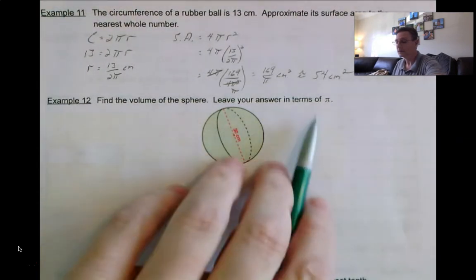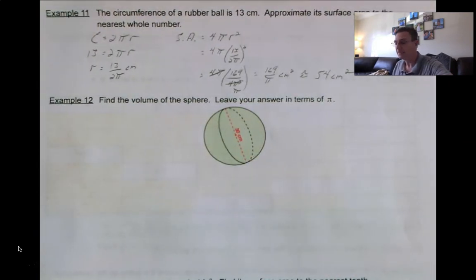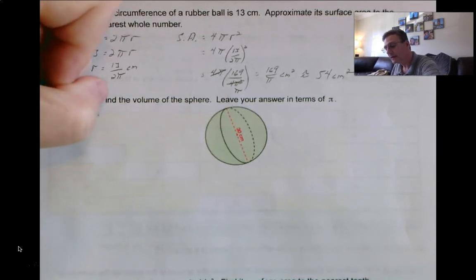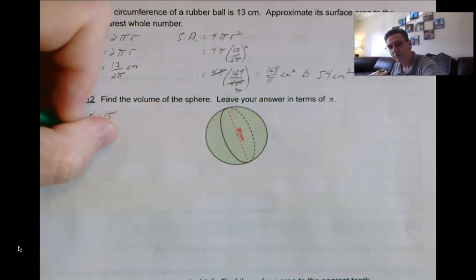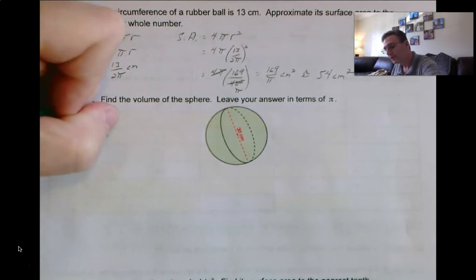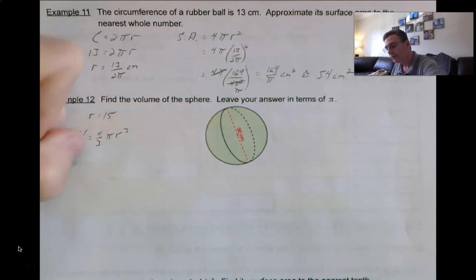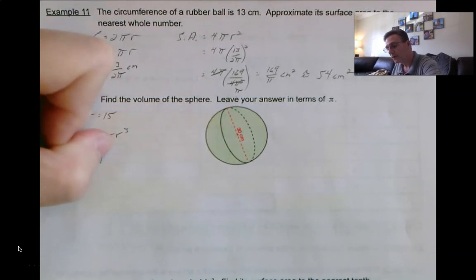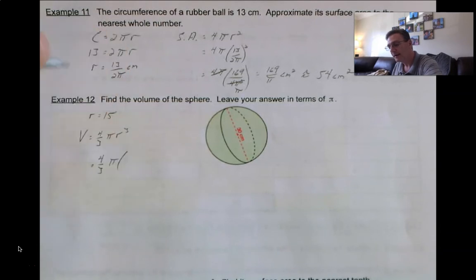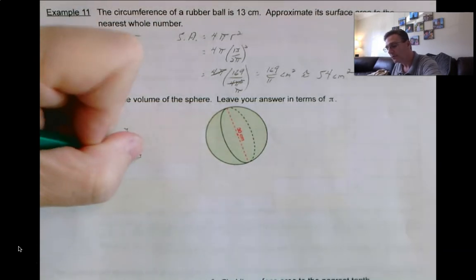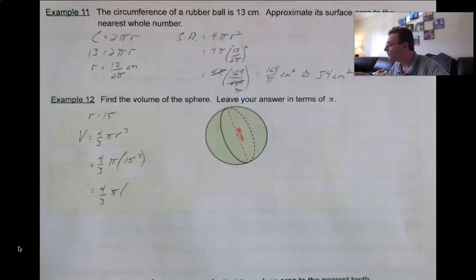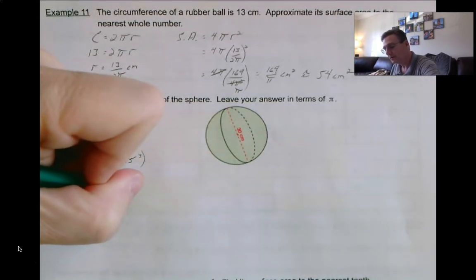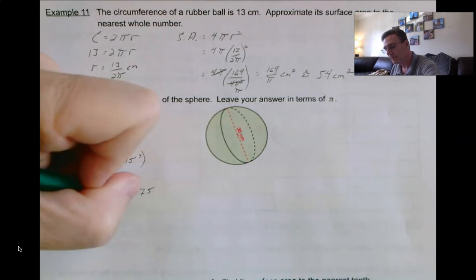Find the volume of the sphere. Again, we're going to leave this answer in terms of pi. So my radius is equal to 15. Volume is equal to 4/3 pi r cubed. 4/3 pi 15 cubed. 15 cubed is 3,375.